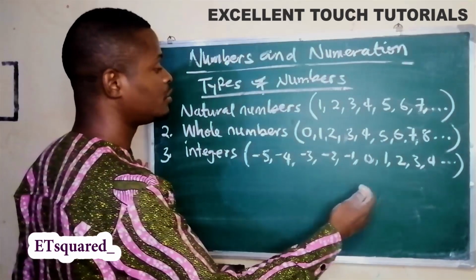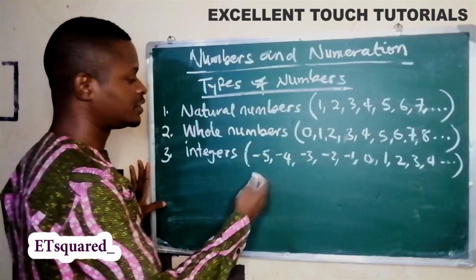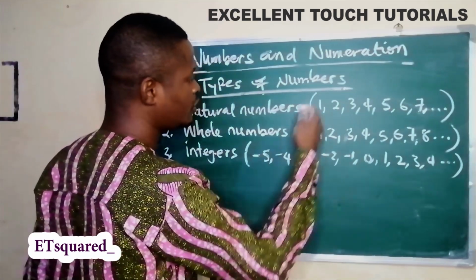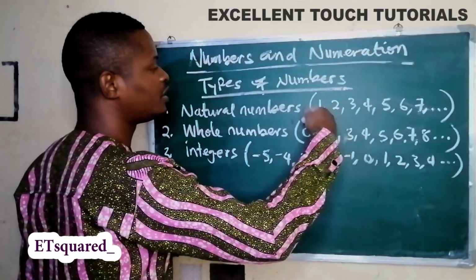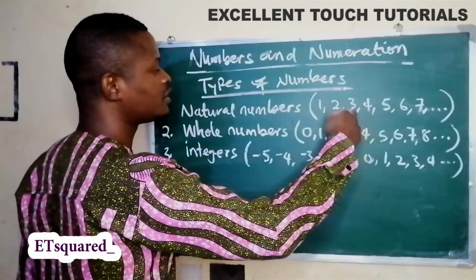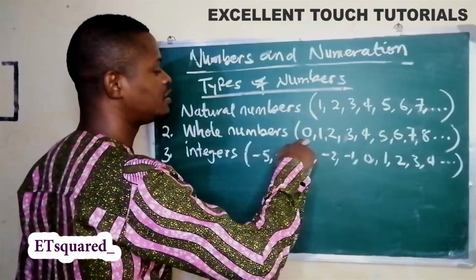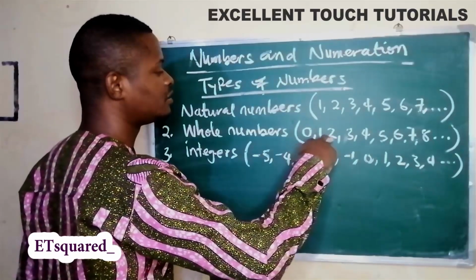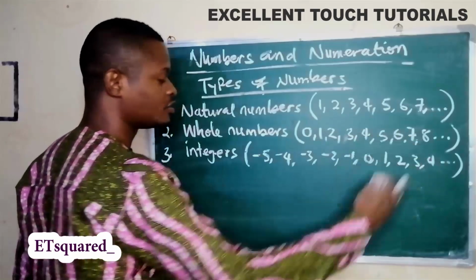Positive numbers, zeros, and negative numbers. And I'd like you to understand that as you go from left to right, the numbers are increasing. So it means that 2 is greater than 1, 3 is greater than 2, 4 is greater than 3, and so on. The same thing also applies here.